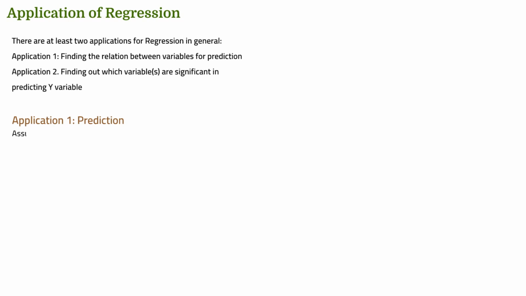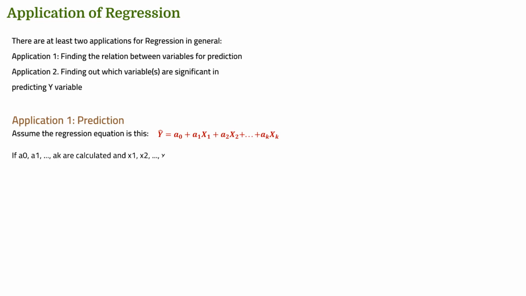Assume a regression equation is this: y hat is equal to a0 plus a1 x1 plus a2 x2 all the way to ak xk. If a0, a1, ak are calculated and known, and x1, x2 all the way to xk are known, then y can be predicted as y hat by substituting these values in the regression equation.